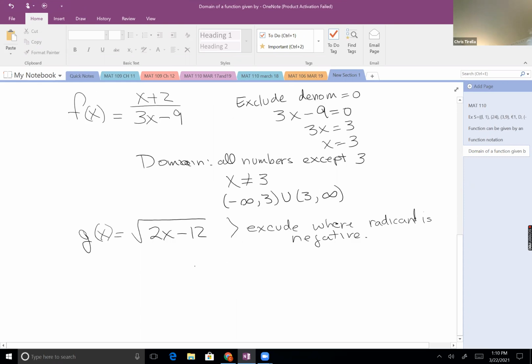And so what I'm going to do is say that what's underneath the radical, that 2x minus 12, if it can't be negative, it has to be greater than or equal to 0.